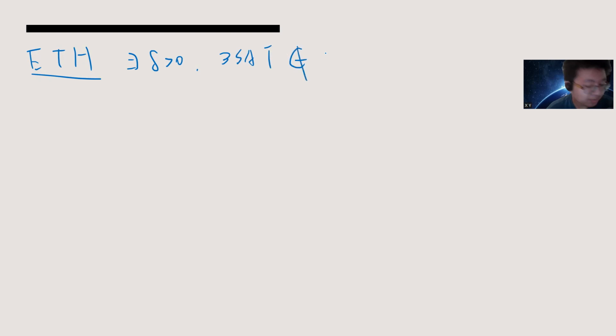If you directly try to prove its original form, you need to use diagonalization. But in this video, let's do some trick. We can assume the exponential time hypothesis. Basically, it says there's no delta greater than 0 such that SAT can be solved in 2 to the n delta time.